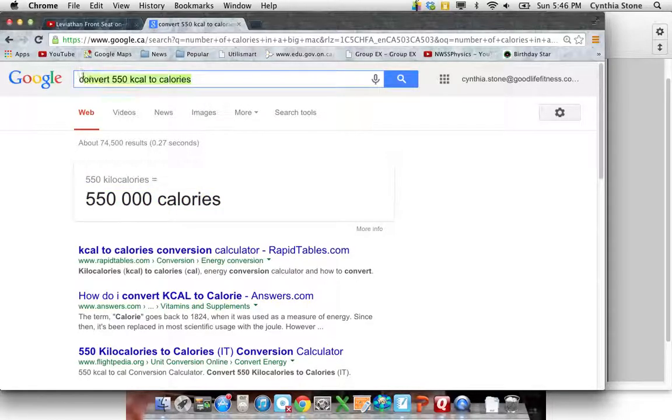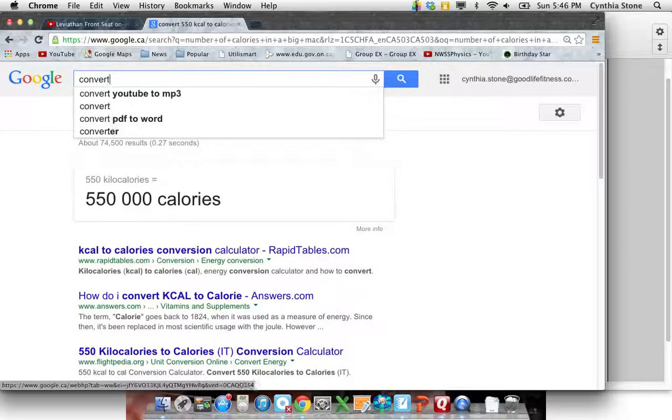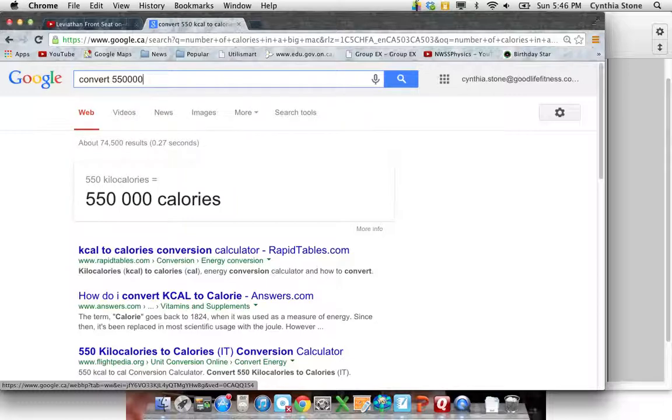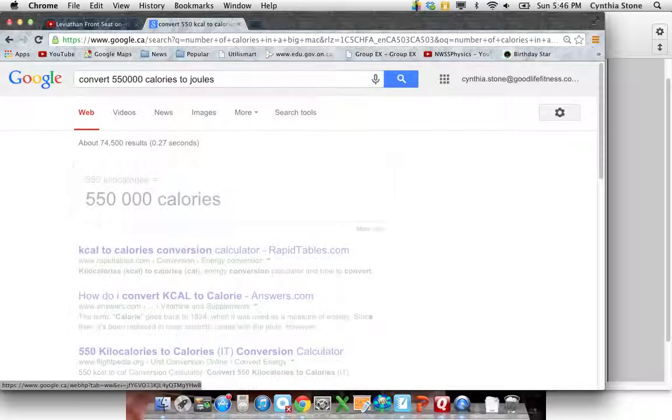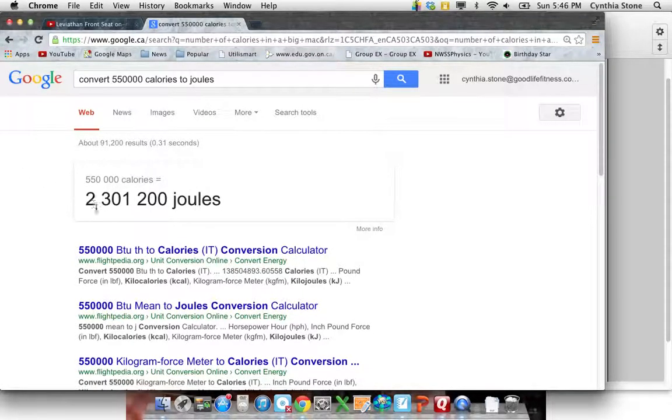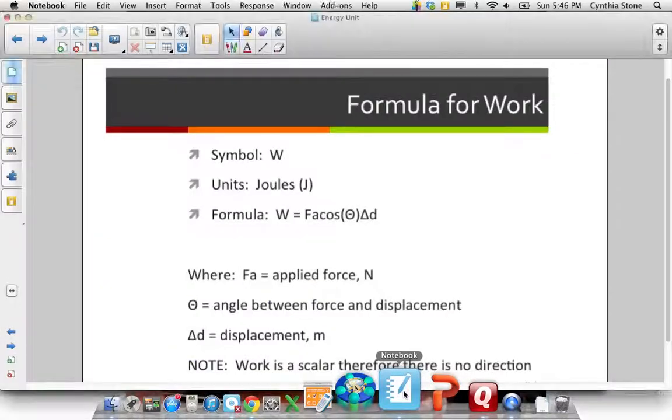Now I'm going to convert that to joules. So it's 2 million joules. So if you look up your Big Mac and it says you're eating 550 calories, you're also eating 2,300,000 joules. It's the same thing, it's just a different way of saying it. Okay? We'll actually do that a few times.